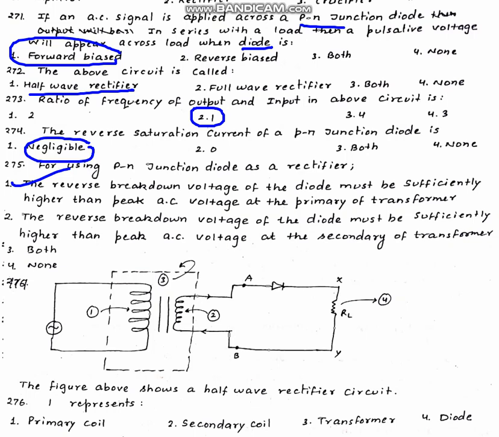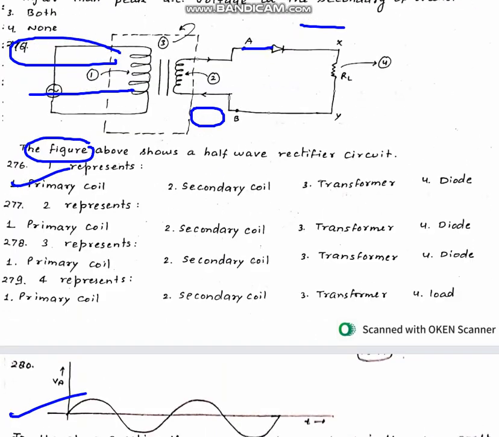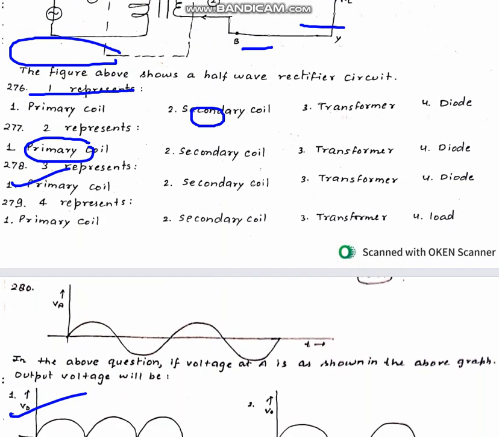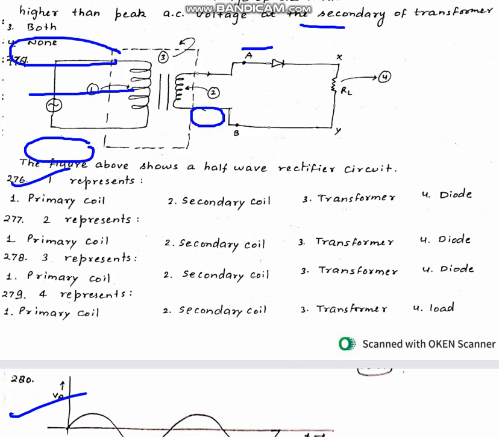Next, the figure shows a half wave rectifier circuit. Here 1 represents the primary coil. Next, 2 represents the secondary coil, second is correct. Next, 3 is basically the transformer.